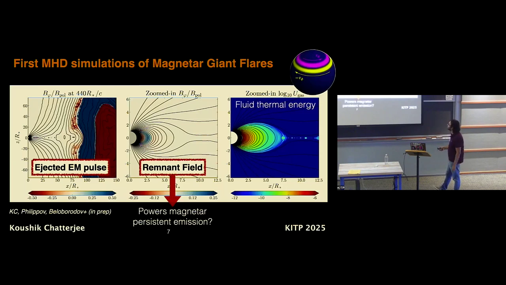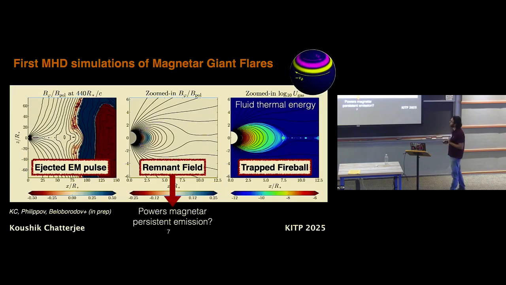The remnant field may power persistent emission, but I'm not an expert in that. It does have a lot of energy stored up in there as such. So there may be persistent emission happening over long time scales.